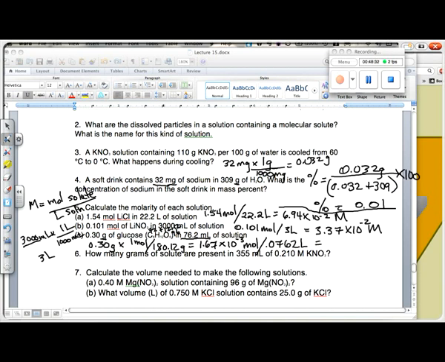So that my molarity is 2.19 times 10 to the minus 2. Actually, I should do two significant figures, so 2.2 times 10 to the minus 2 molar.